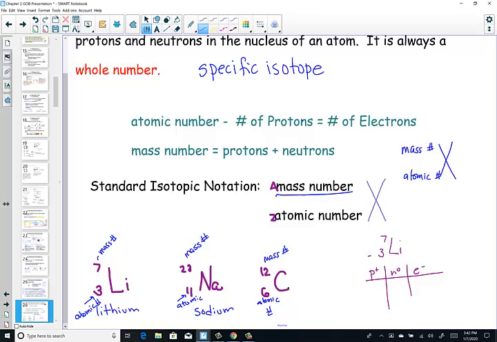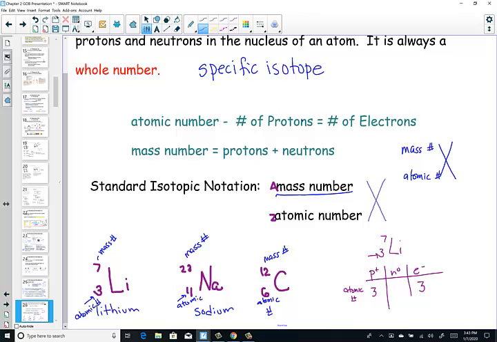Remember the very definition of atomic number? Atomic number tells me the identity of the element. The atomic number is 3. Therefore, I know with confidence there are 3 protons inside of the lithium nucleus. And because atoms are neutral, I also know that there's 3 negative electrons to balance the 3 positive protons.